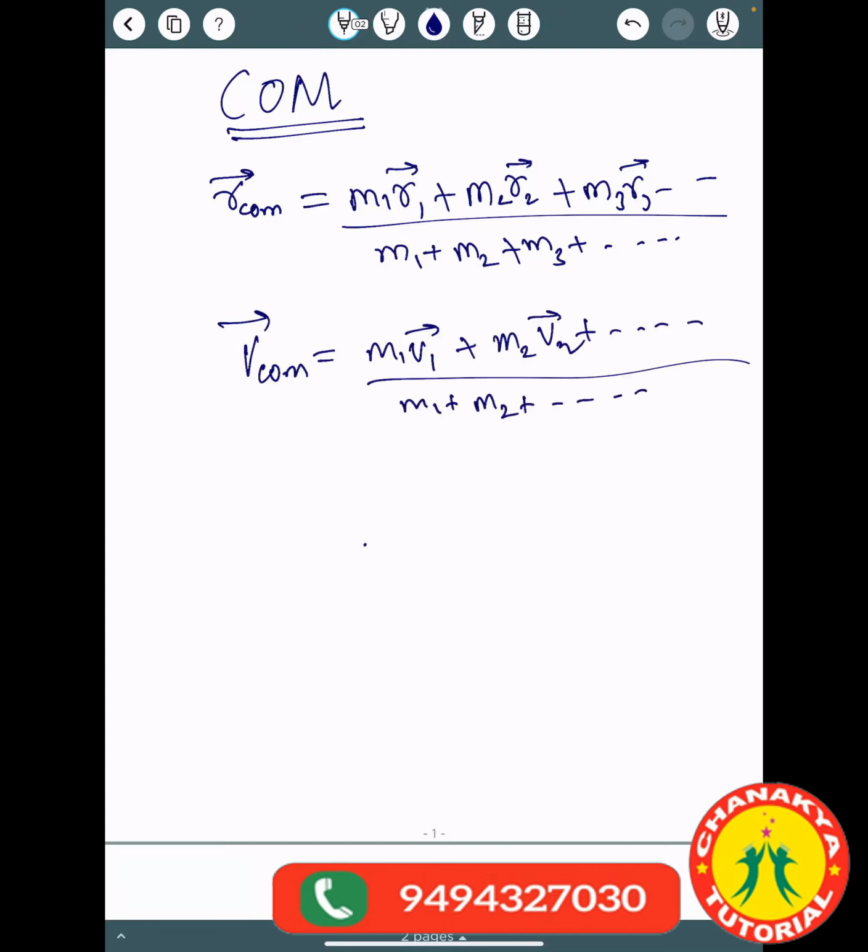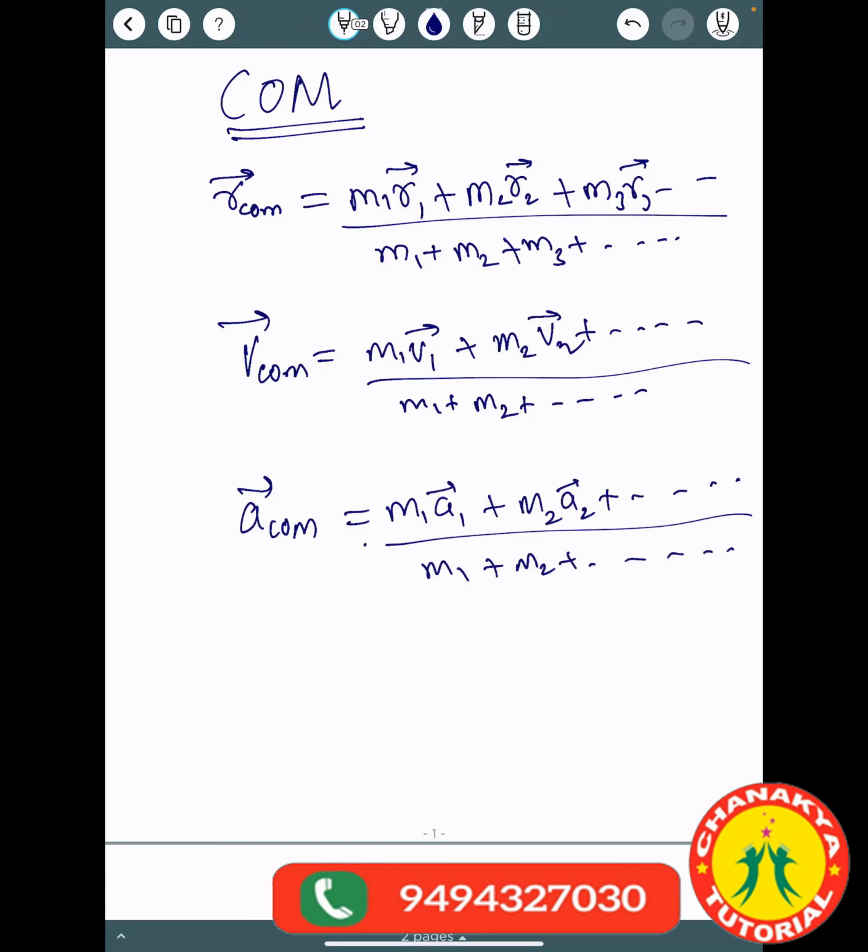Similarly, if I differentiate it further, the acceleration of the center of mass is m1 a1 plus m2 a2 plus so on, divided by m1 plus m2 plus and so on. All these are vectors.